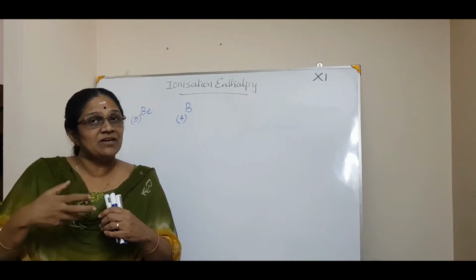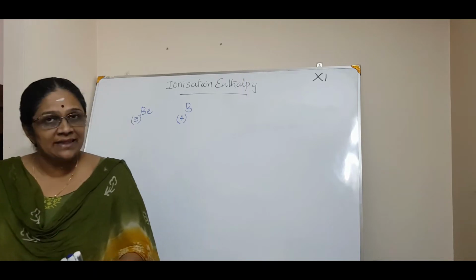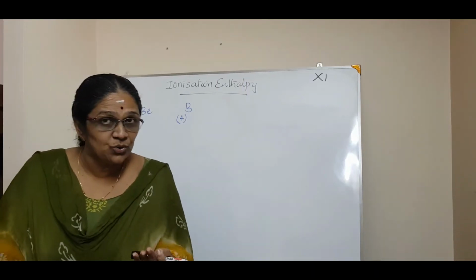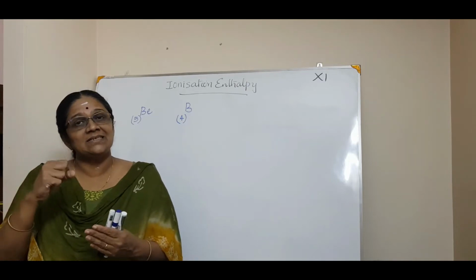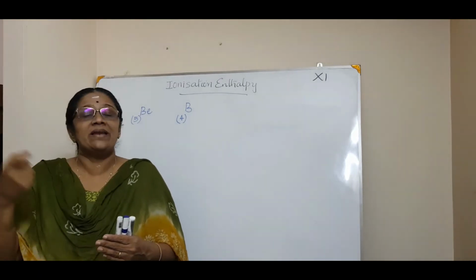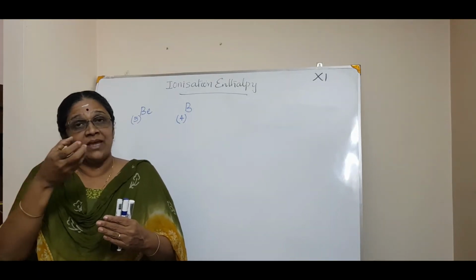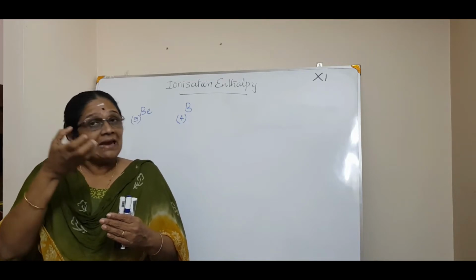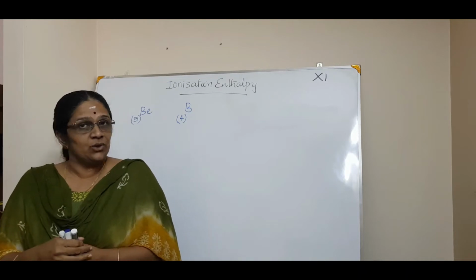That is why the effective nuclear charge increases, thereby the ionization enthalpy or the ionization potential also increases, isn't it? Because as the size decreases, it is very difficult to take away an electron from a small atom where the electron is so much attracted towards the nucleus.